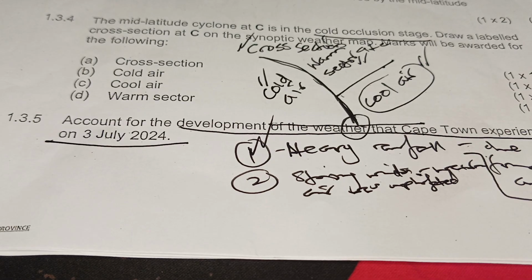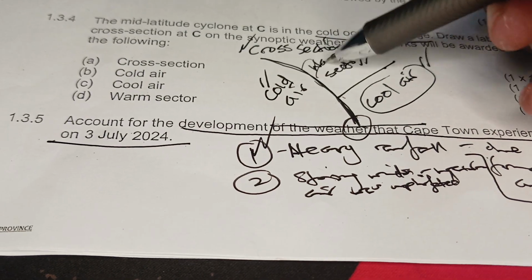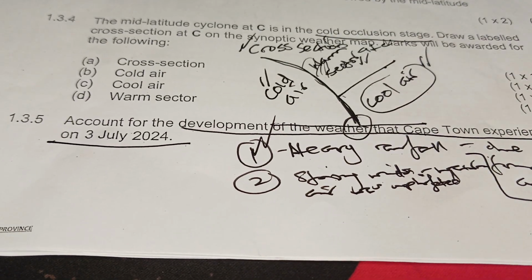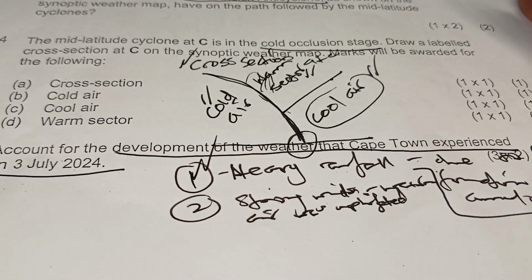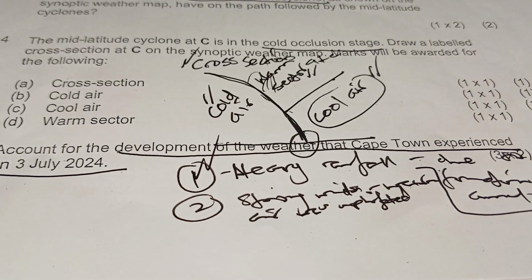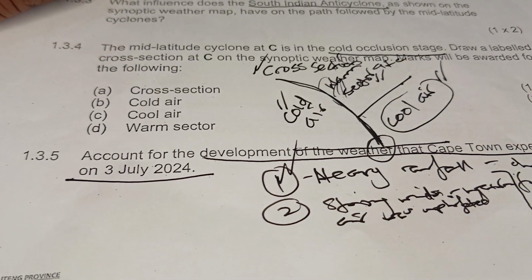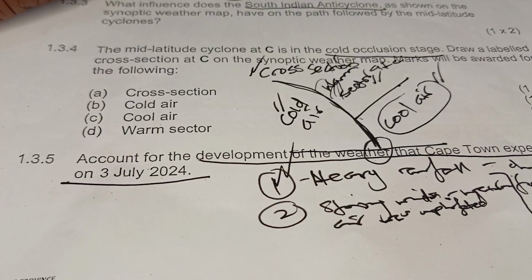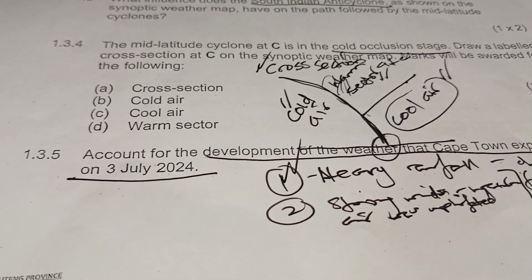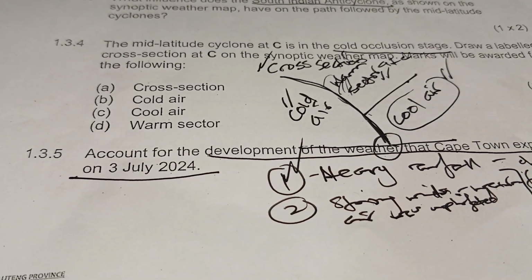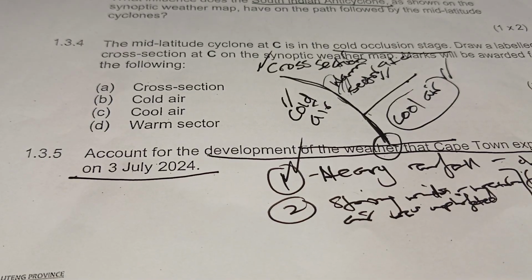And then hail was also due to the vertical extension of the cumulonimbus clouds, a form of precipitation. Then also here behind the cold front, of course, there was a decrease in temperature. Why? Because there is cold air behind the cold front. So those are some of the things that you can include to get all your marks.